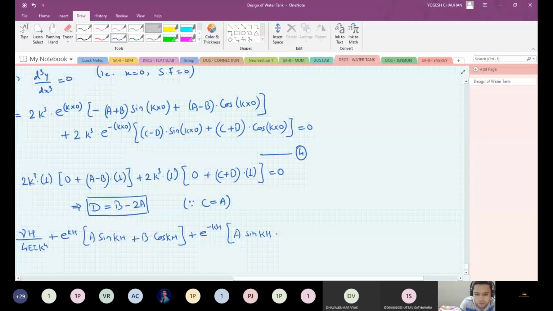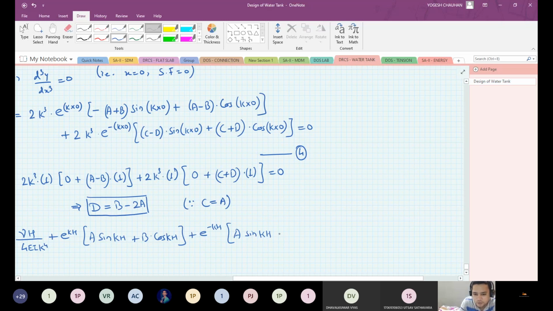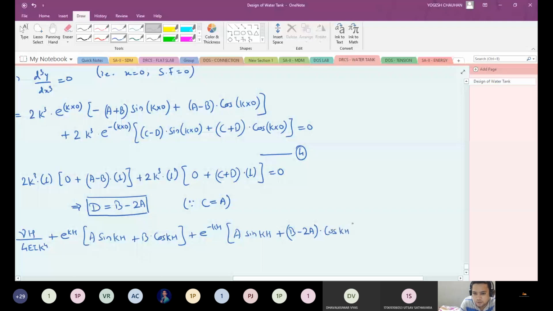Now put the value of c. The value of c is equals to, we are putting it as a, and substitute the value of d as b minus 2a. So plus b minus 2a times cos kh, this is equal to 0.